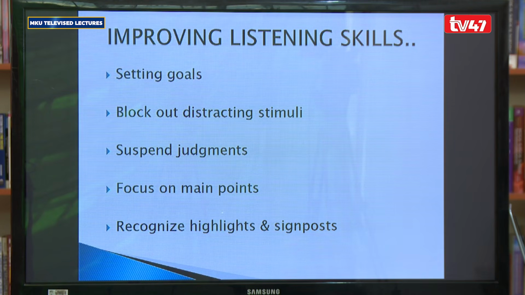To signpost is how speakers move from one point to another. When you listen to various lecturers, there's a way in which they signal that now they are moving to another point. That is what we call signposting. Highlighting is, it is important to note. So there they are highlighting what you need to keep in mind, what is crucial in whatever they are discussing.